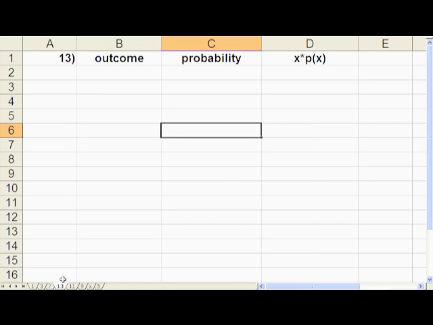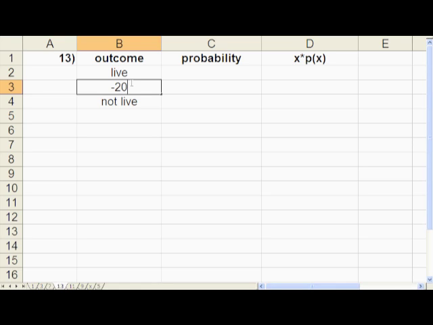Question 13. Question 13 is an insurance question. With insurance, you can either live or you cannot live for your outcomes. Now, living will cost you $208.